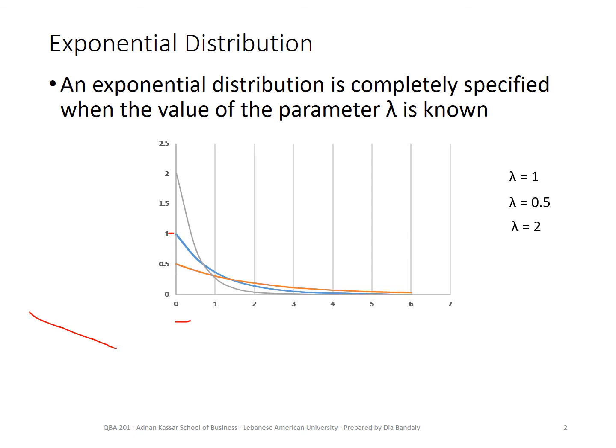You can see the huge decrease in f of x when x goes from 0 to 1, and look how this decrease is at a much lower rate between 1 and 2, and then between 2 and 3. It's almost not changing anymore when x reaches higher values.